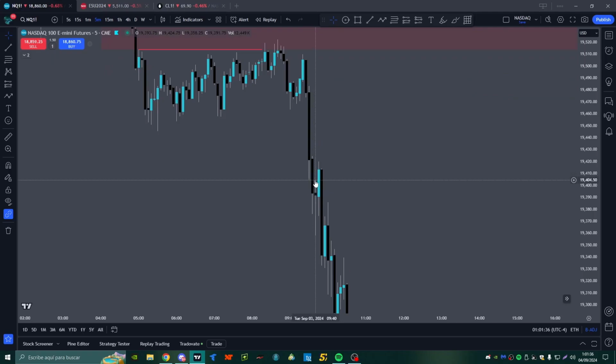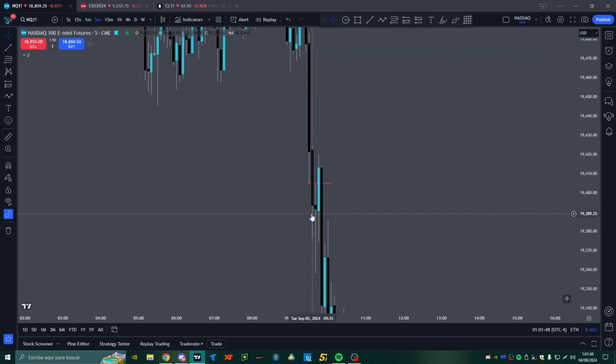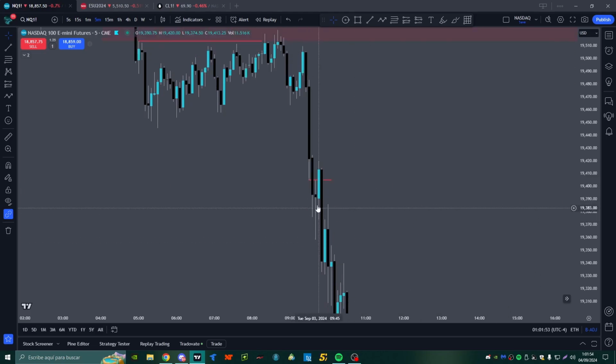Just because the price is going like this and then continues to drop over here, it doesn't necessarily mean that there will be an imbalance left here. This is often called immediate rebalancing of the price. The price comes, touches what was creating the imbalance, and from there, the reaction never adds up. So never assume that an imbalance will close no matter how deep the price goes into it.